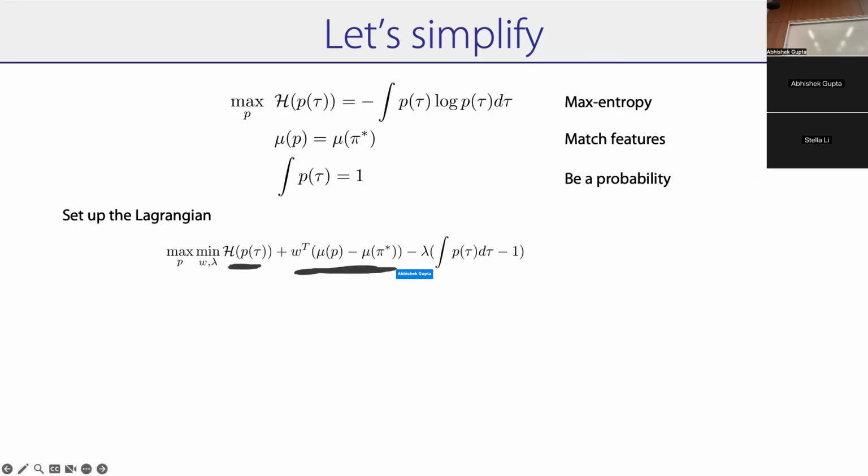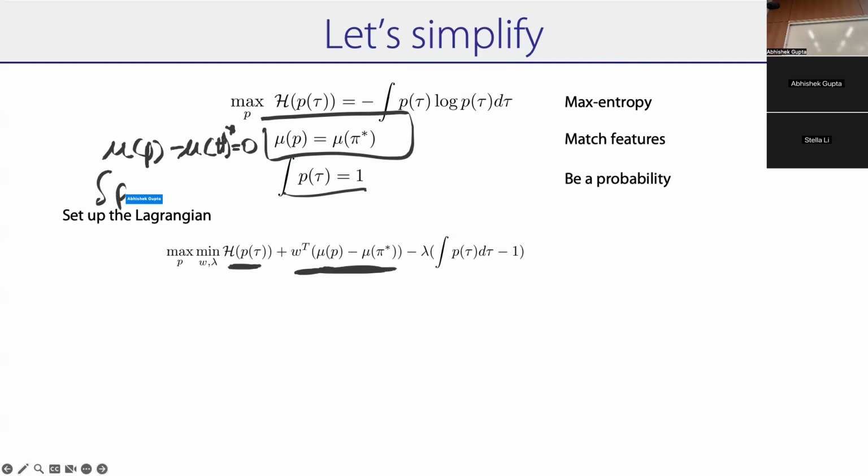So you're going to have W transpose mu of P minus mu of pi star. You can think of this constraint as mu of P minus mu of pi star equal to 0. And you can think of this other constraint as integral of P of tau d tau minus 1.